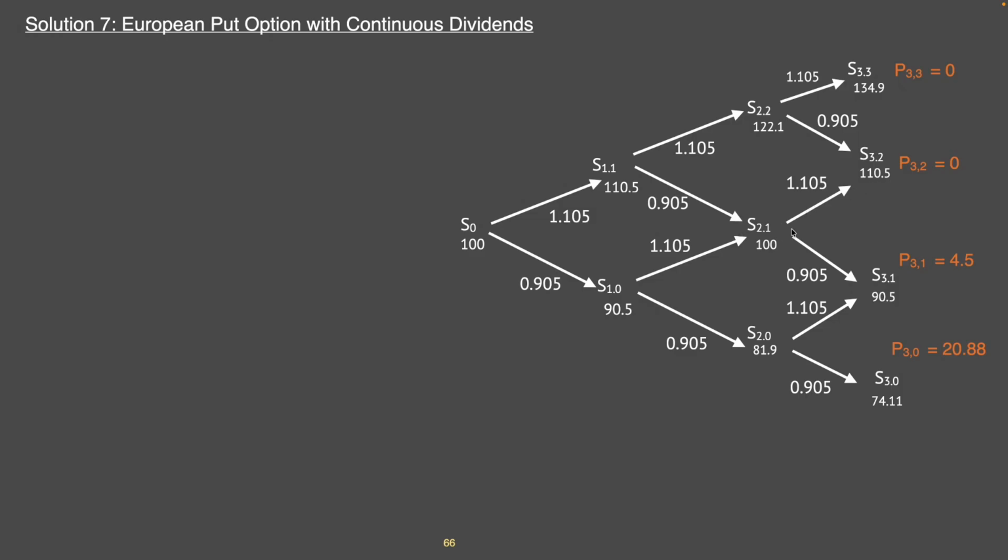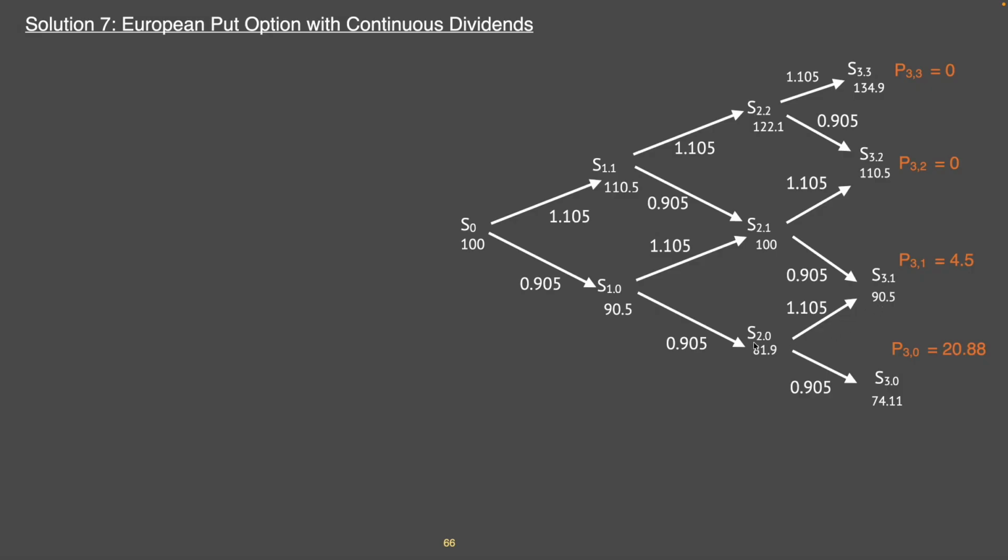This node S21 can either go up by 1.105. So when you multiply 100 by 1.105, you get the same value of 110.5. And if this S21 goes down, then we have to multiply 100 by 0.905. So the value of S31 will be 90.5.